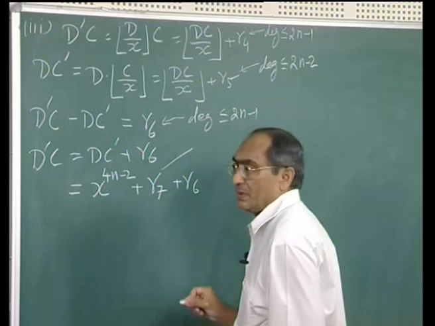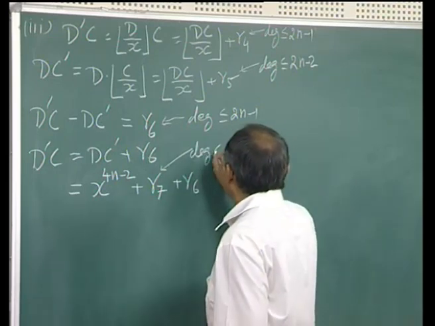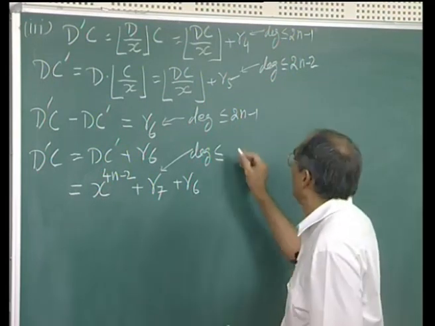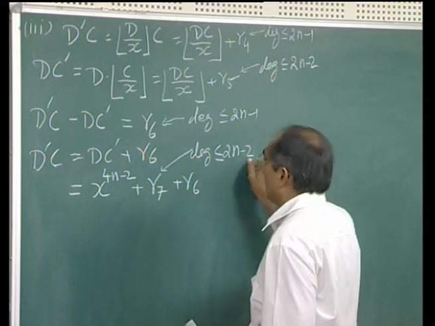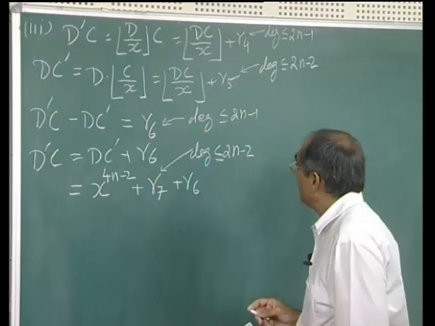This term has degree less than or equal to 2n minus 2, because each of the D prime and C had degree 2n minus 1. Okay.